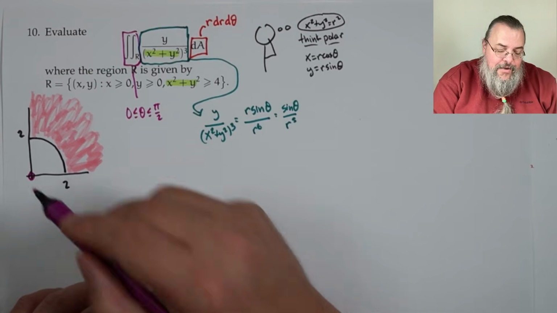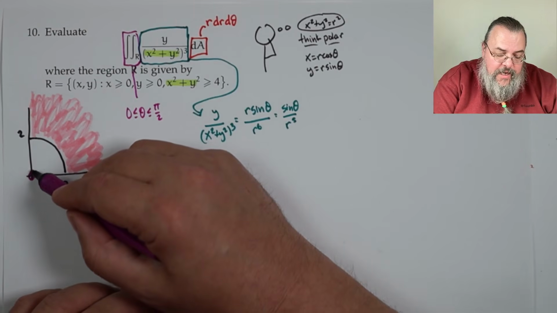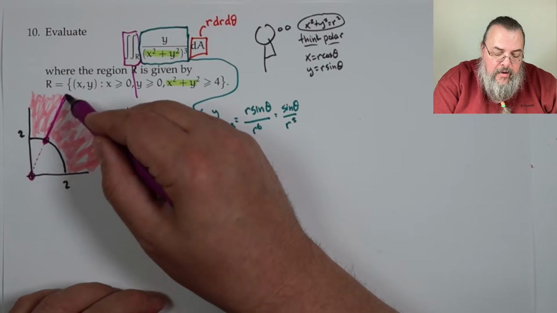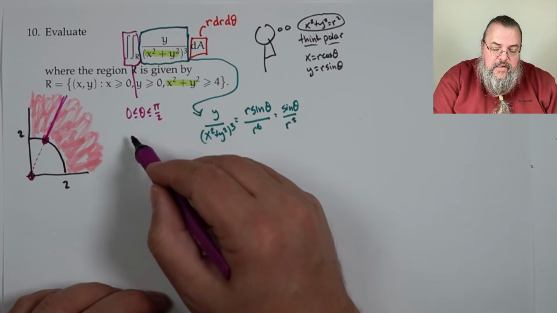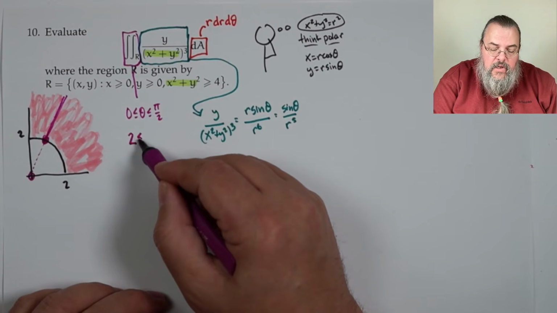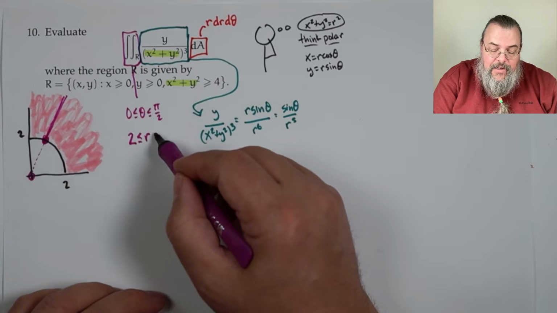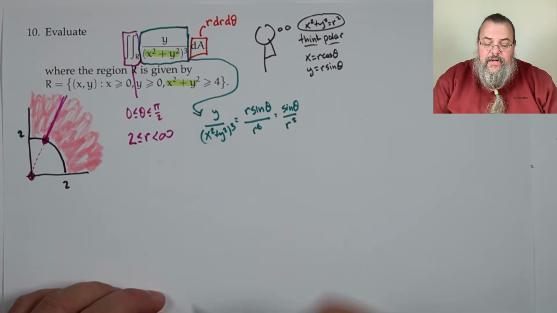What about r? Once you pick a direction for theta, you come out, you say, where do you start? Where do you end? Well, the start is pretty easy: 2. Where do you end? You don't. You keep going. So we go all the way out to infinity.